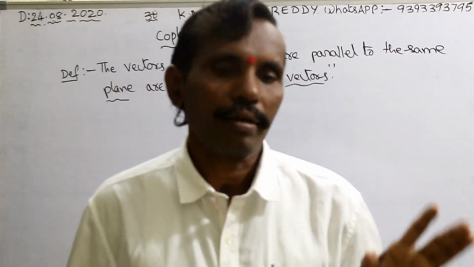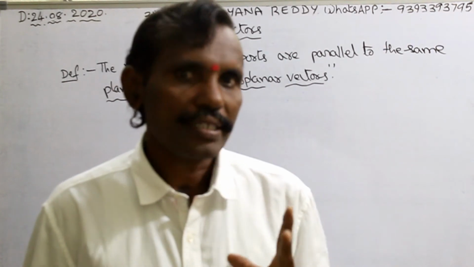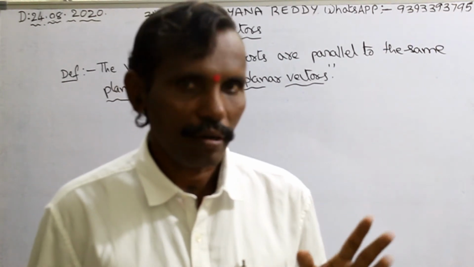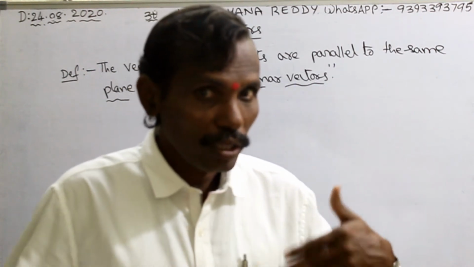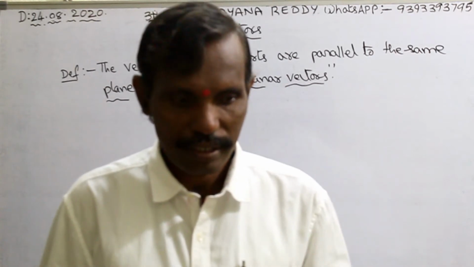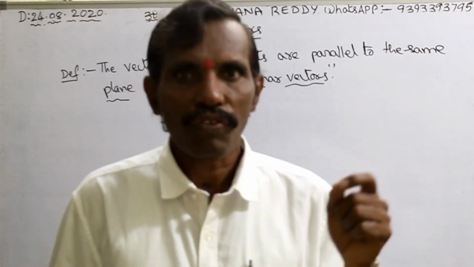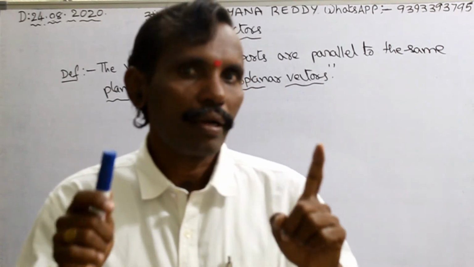It's nothing but parallel. But there is one condition. Always two vectors are coplanar. But whenever there are more than two non-zero vectors, 3 or 4, at that time only we want to check whether those are coplanar or not.